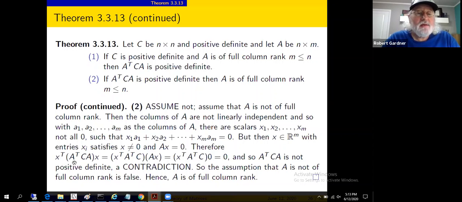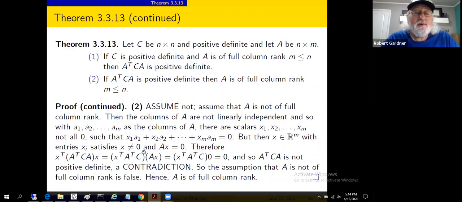So let's take A transpose CA, multiply on the right by x and the left by x transpose, and associate some things, isolating the A and the x. We haven't changed anything here. A times x, we know that to be 0. That's how we chose the x vector. I told you it's going to cause trouble. So we get a 0 column vector here, and a matrix times this 0 vector, of course, is going to give 0.